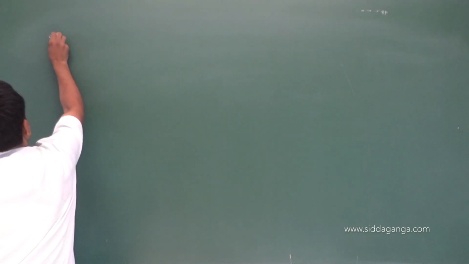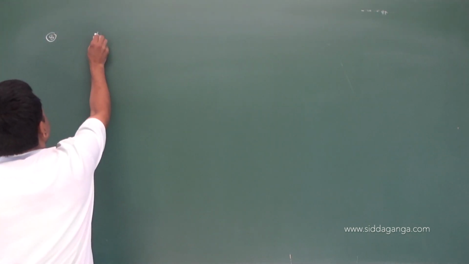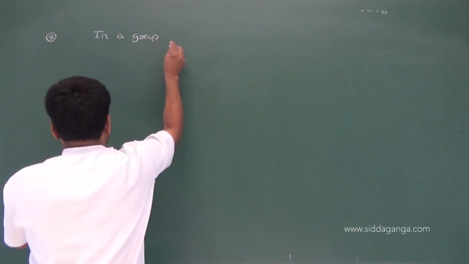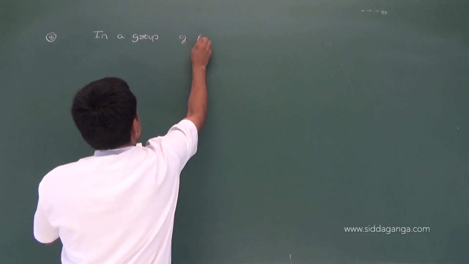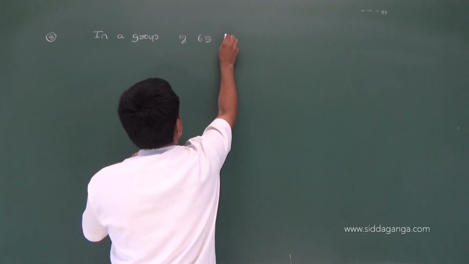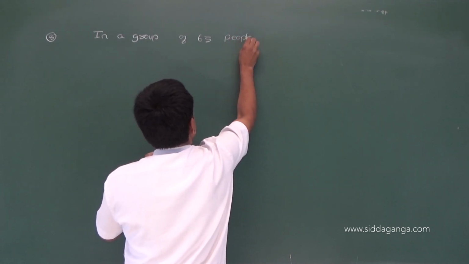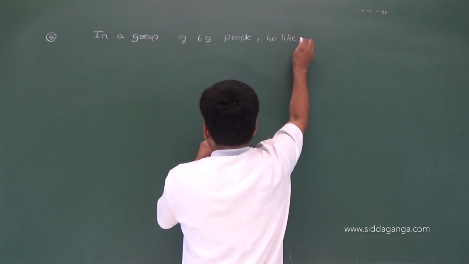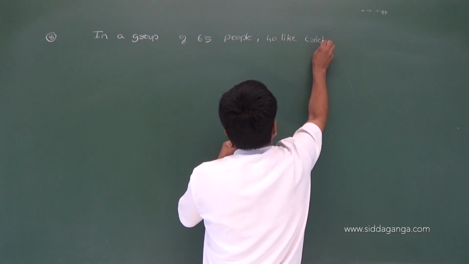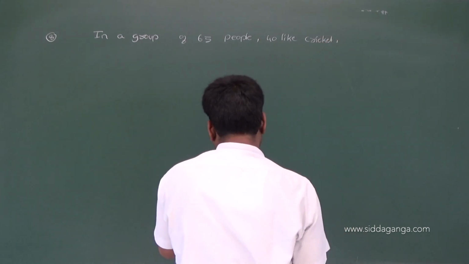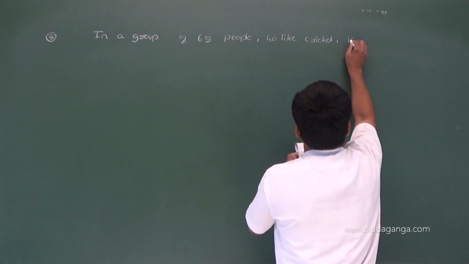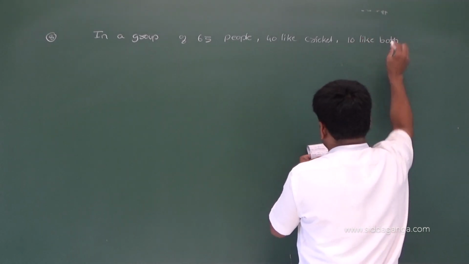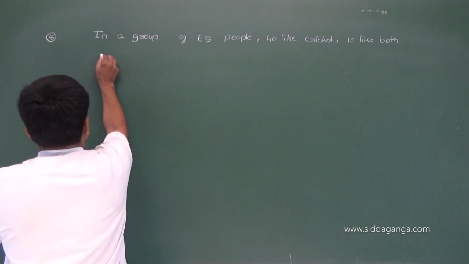Eighth problem. In a group of 65 people, 40 like cricket, 10 like both cricket and tennis.